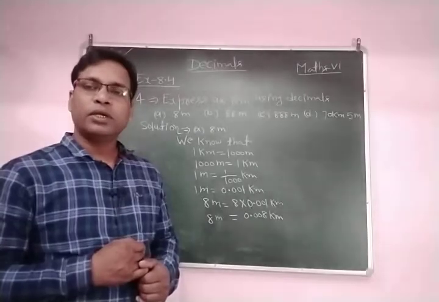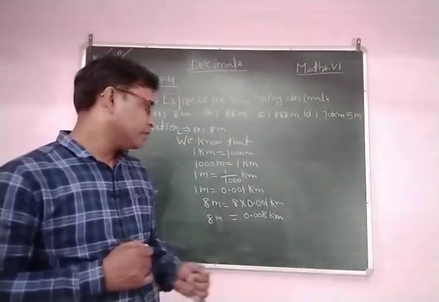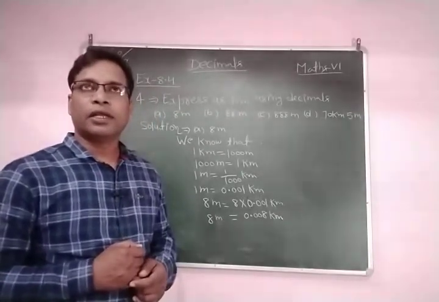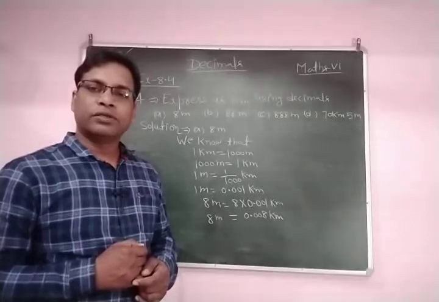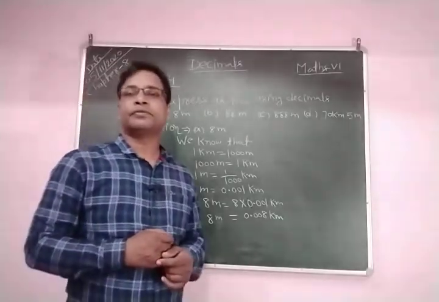This is equal to 0.008 kilometers. So in this way you can see we convert 8 meters into kilometers. So 8 meters is equal to 0.008 kilometers.